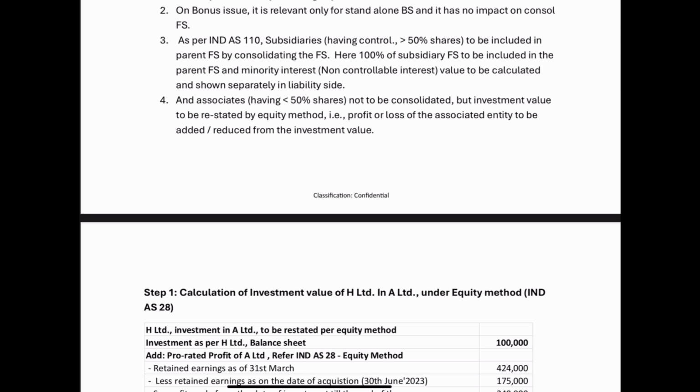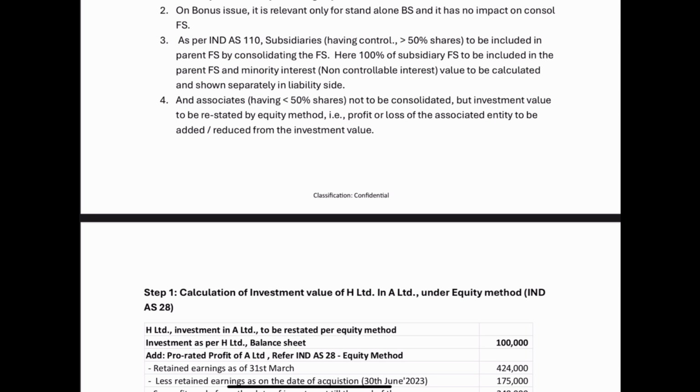So equity method means any profit or loss of the associated entity, to the extent the investor holds, the share of those profit or loss needs to be accounted as part of the investment. So the investment value needs to be adjusted by adding or subtracting either the profit or loss from the associated entity. So in this example, H Limited holds only 40% share of A Limited.